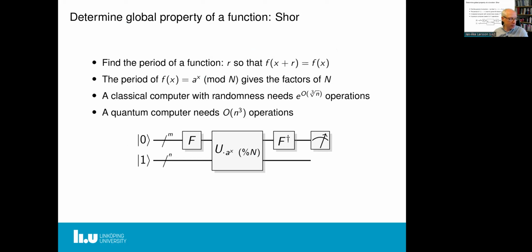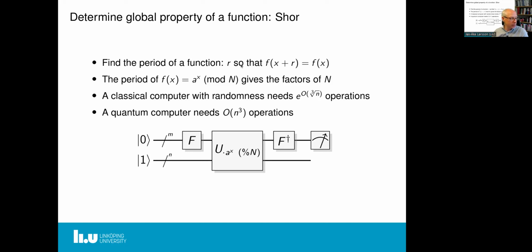You can view Shor's algorithm as one example of this also. It's in BQP. Now, I suspect I have too little time to talk about this. Shor's algorithm, you implement this function, multiplication with a to the power x mod n. You're looking for the period of that function.